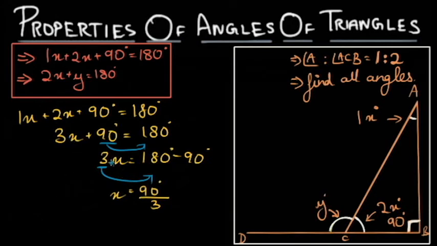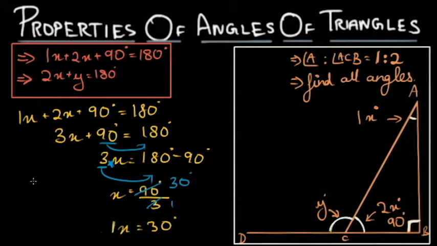90 divided by 3 is, since this is 3 into x and it's multiplication, it will turn to division when it gets transposed. Then we can use the cancellation method to find that x is equal to 30 degrees. But we're still not done yet.